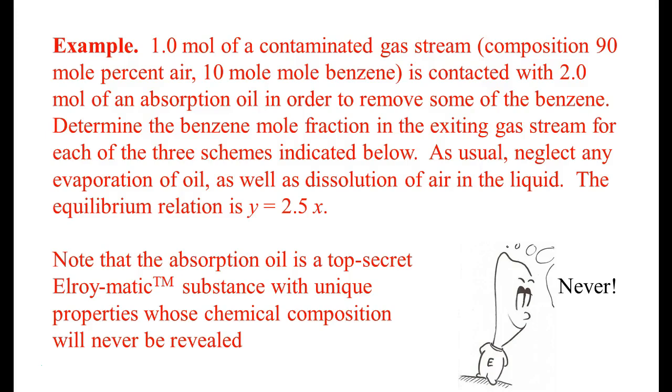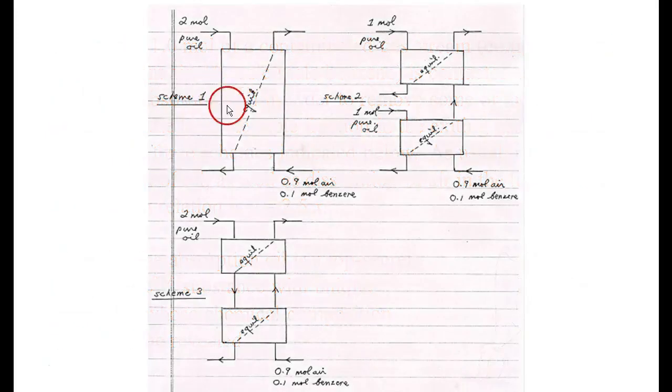What are these 3 schemes? The scheme here, number 1, is just single stage absorption. We've done that before, but I don't mind reviewing it. Scheme number 2 is 2 stages. Notice that here we're using pristine clean, fresh oil to do the first cleanup, as well as using pristine clean, fresh oil to do the second cleanup.